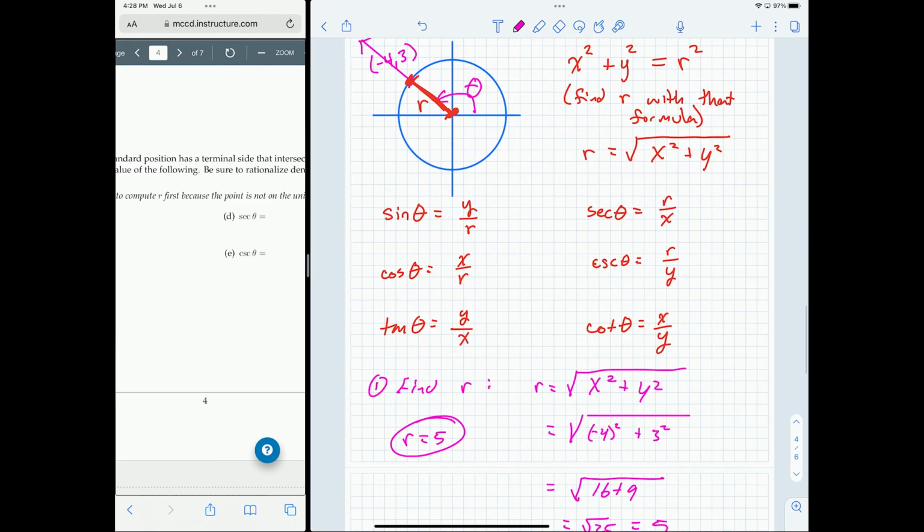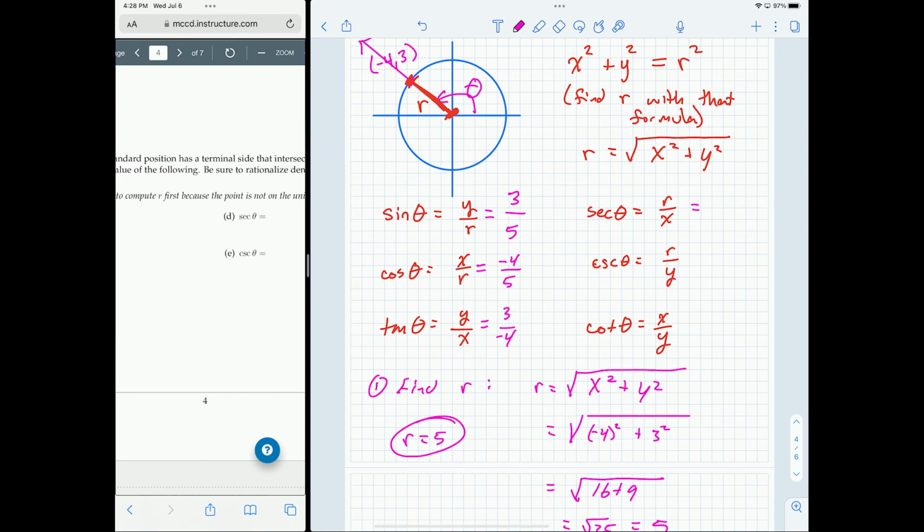Once you have r is 5, we should be able to fill out all of these trig functions. Sine theta is y over r, the y is 3 and the r is 5. Cosine theta, x over r, the x is -4 and the r is 5. Tangent theta, the y is 3, the x is -4.